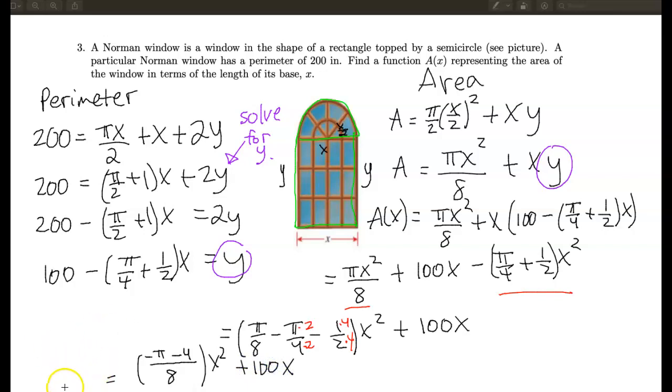And this is our answer for the area in terms of x.